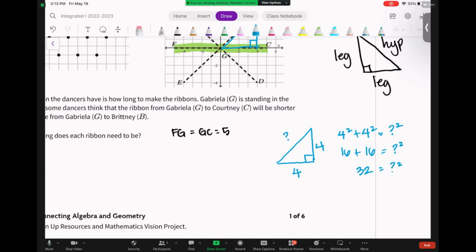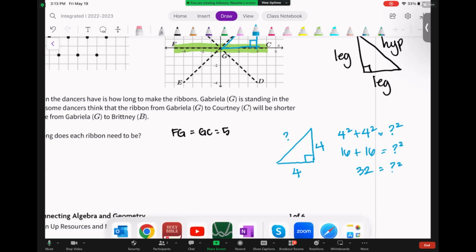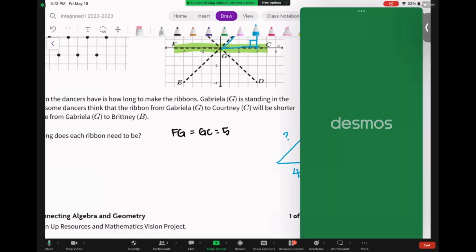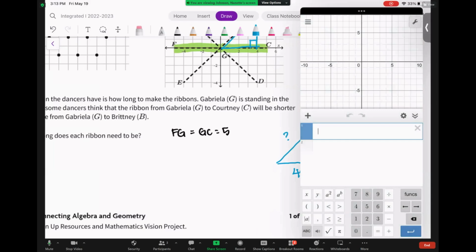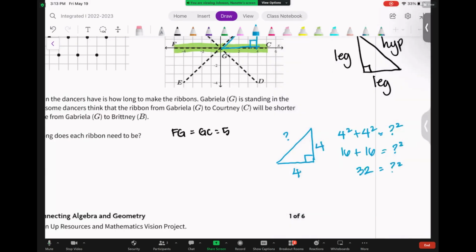You can use your calculator for the square root; I'm going to show you on a calculator real quick. We need to know what the square root of 32 is. The square root of 32 is about 5.7. So the friend that said it was going to be longer is correct.